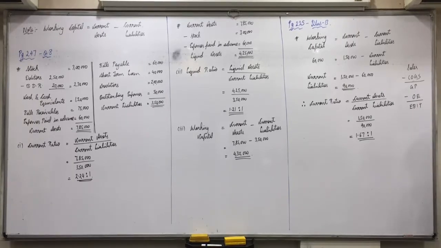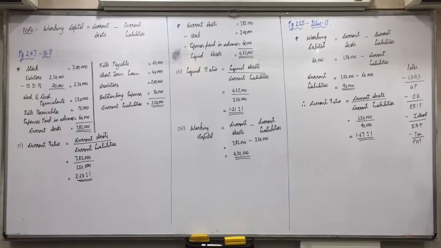That is operating profit. In operating profit, we don't include financial expenses. From that, you subtract financial expense, which is interest. You get profit or earnings before tax. From that, you minus tax, you get profit after tax.